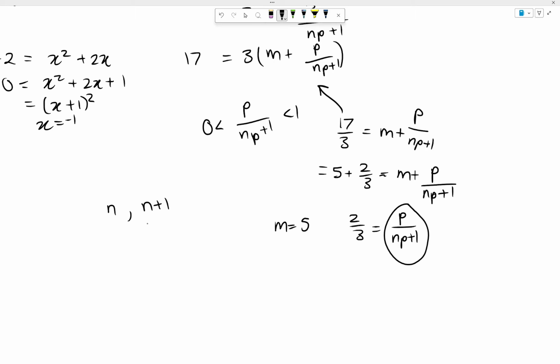And that's because if you imagine that a number bigger than 1, let's say 2, was divisible by n, if 2 went into n, then 2 couldn't go into n plus 1 because the difference between multiples of 2 is bigger than 1. Does that make sense?